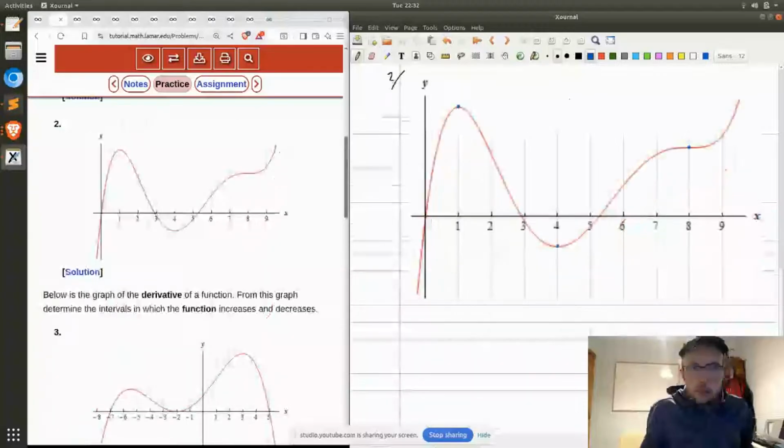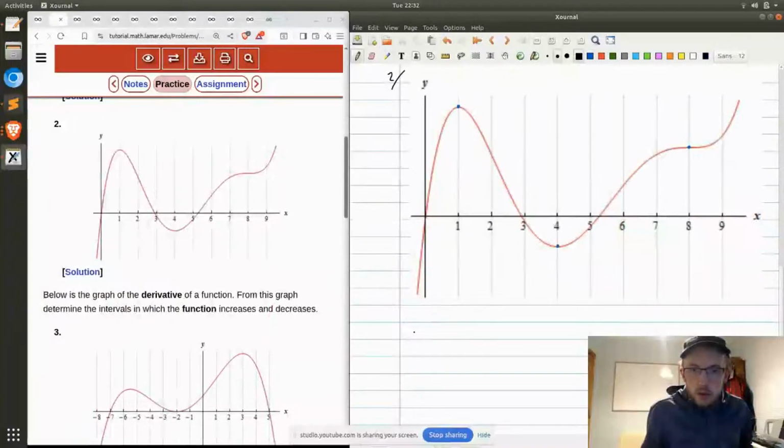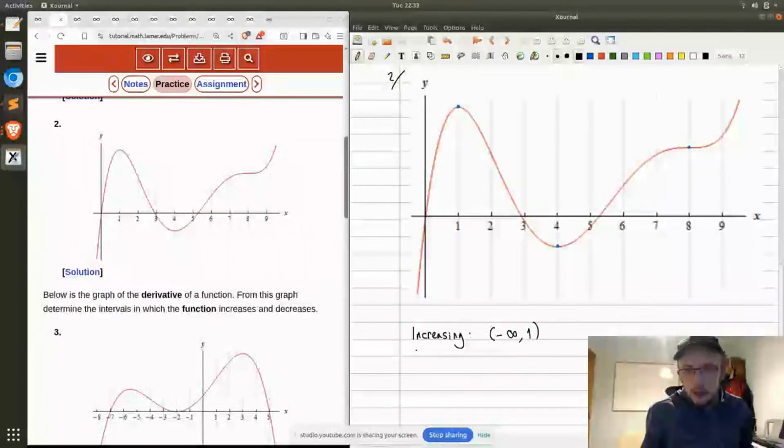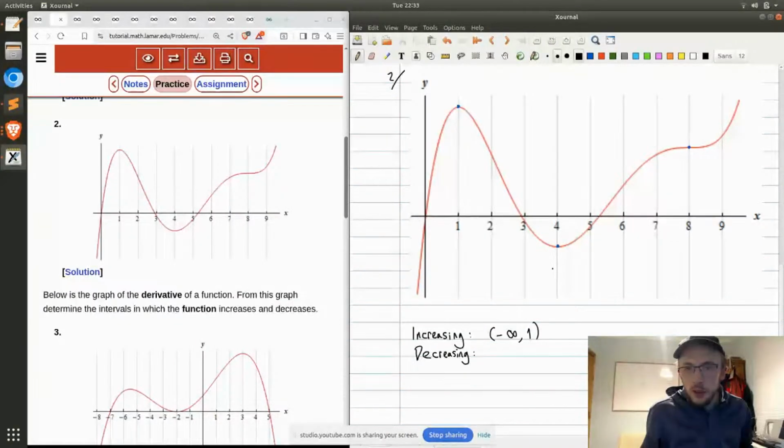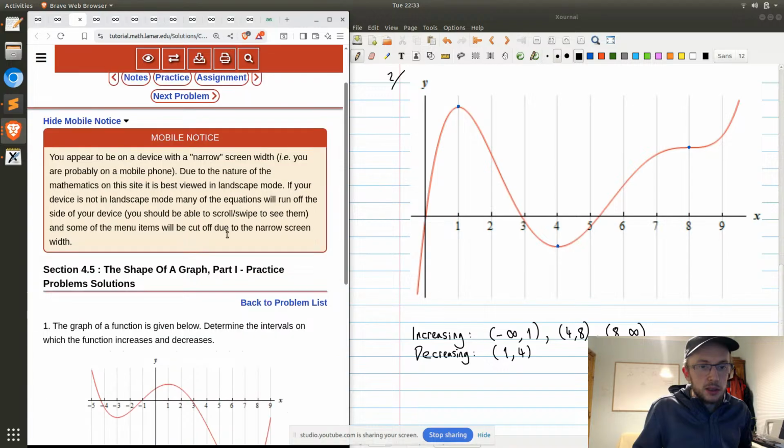So increasing from minus infinity to 1, decreasing from 1 to 4, increasing from 4 to 8, and then it stops, and then it begins again from 8 to infinity. That's what I believe, but I'm about to see.